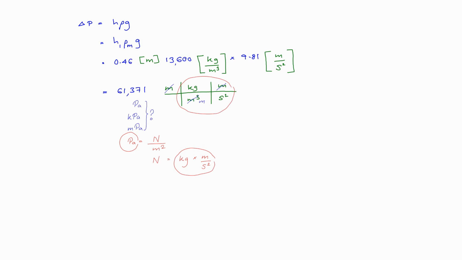Now we can write down unity conversion ratios using these relationships. Using the first relationship, I can write this unity conversion ratio, and using F equals MA, I can write this unity conversion ratio.